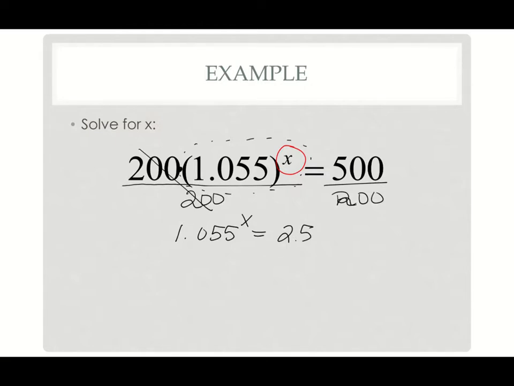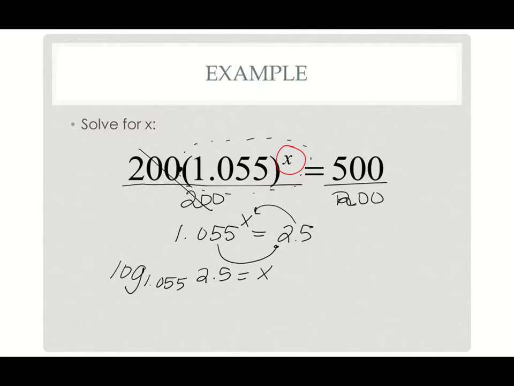To solve for x, I have to change it to a log. So I have log base, what our base is, 1.055 of 2.5 equals my exponent x. I'm going to plug this into my calculator to figure out what x is.